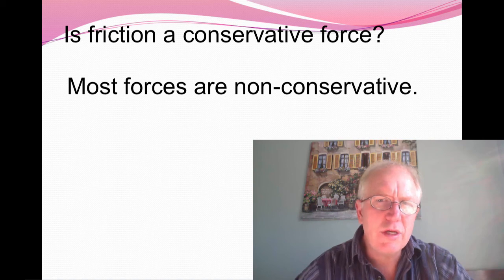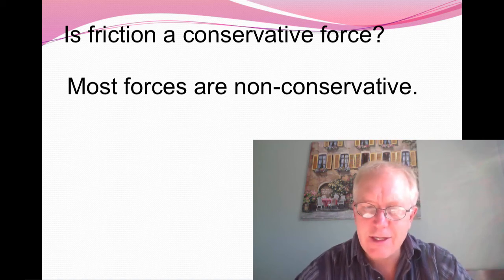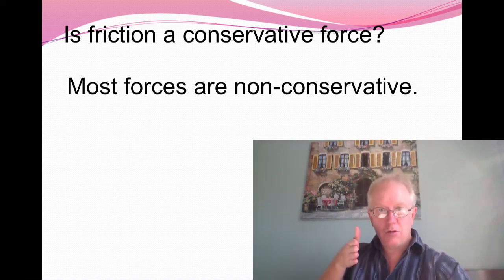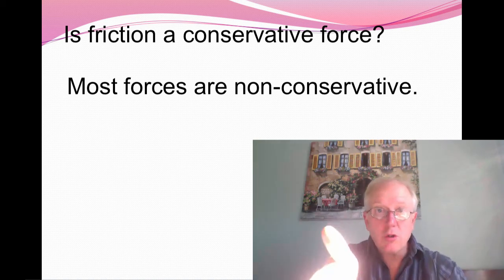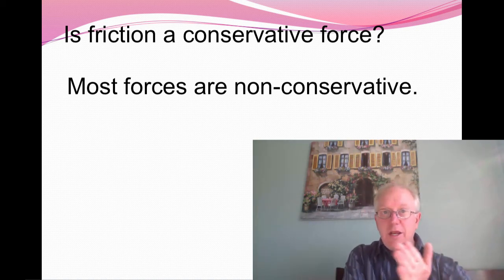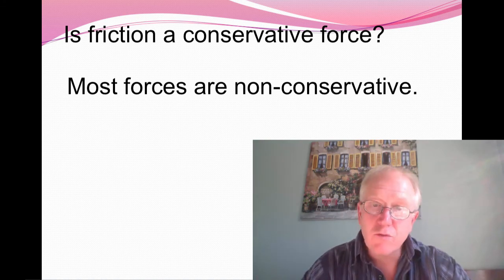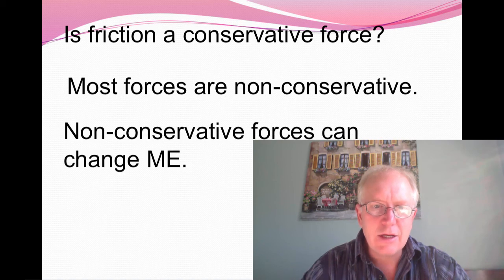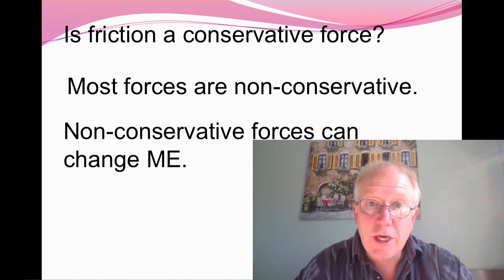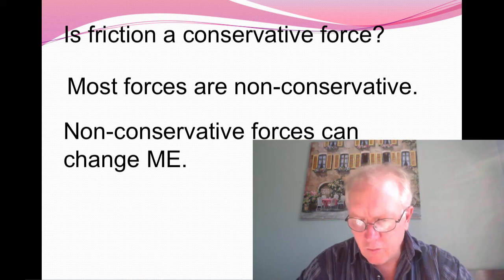Friction is going to be dependent on the path taken. If I use the friction on a table going straight across the table, that's a lot different than having a zigzagging path where friction would be doing more work on it. So friction is not a conservative force, and remember, they can now change the mechanical energy. Conservative forces don't do that.